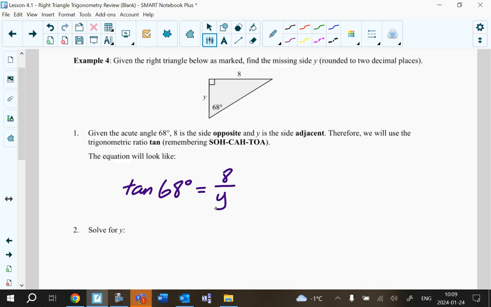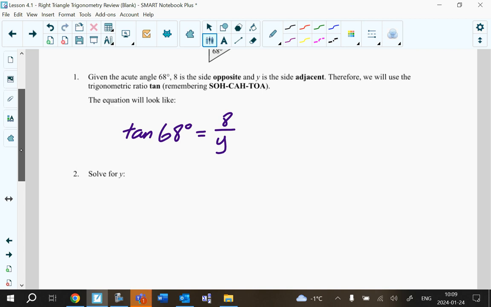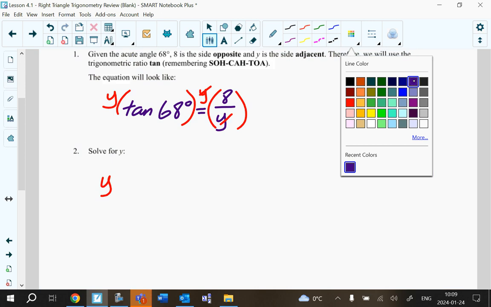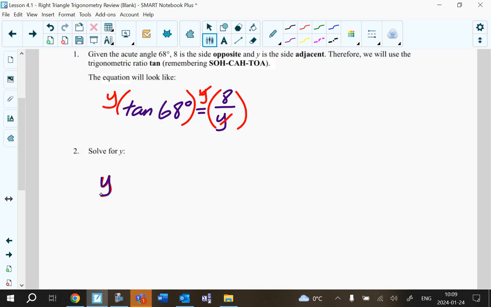So, just like we did previously, I want to get rid of the fraction first. Multiply both sides by y. And I'm left with y times the tan. Notice I'm saying times. You can say y tan 68 degrees, but just remember it's multiplication. Equals 8. So after I got rid of the fraction, the variable's still not by itself.